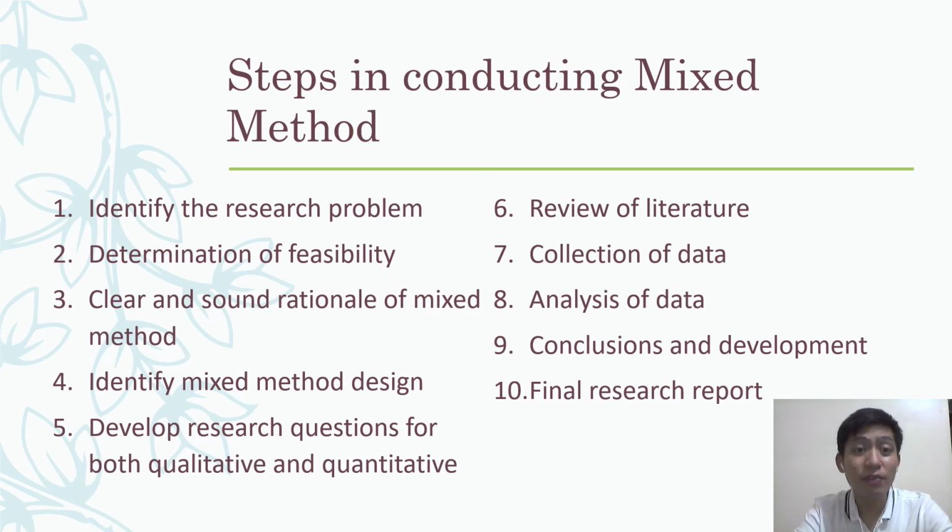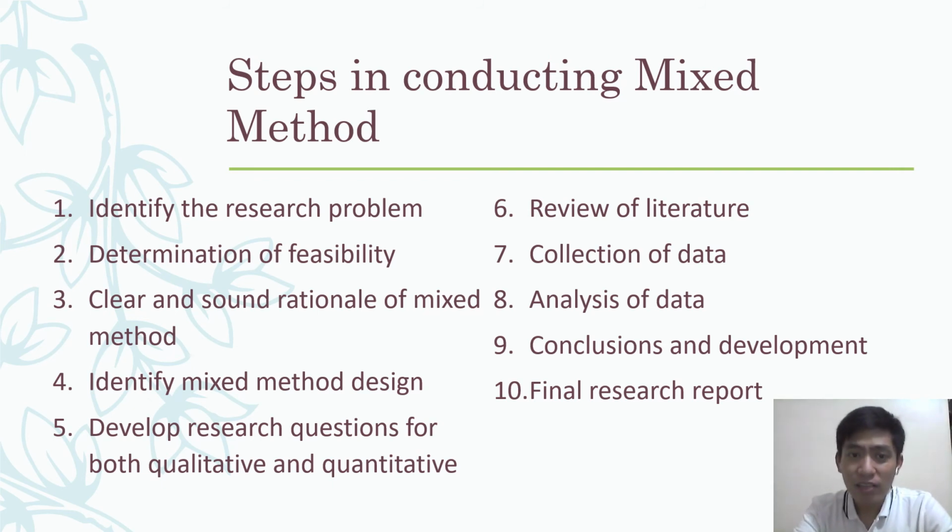First is identify the research problem. Second is determination of feasibility. Again, I want to reiterate that feasibility is based on the experience of the researcher, the budget, the resources of the researcher, and the time. All of this should be considered if you want to pursue mixed method.